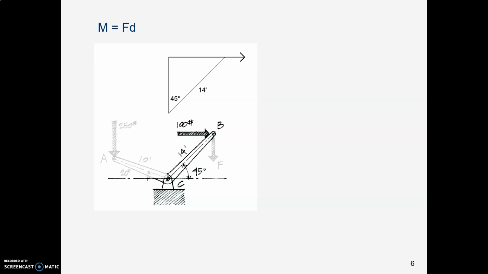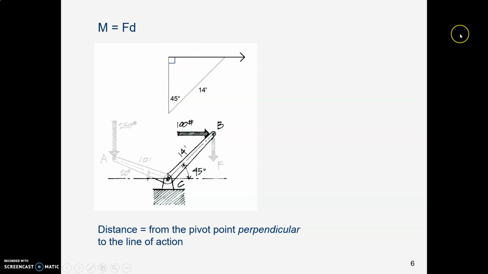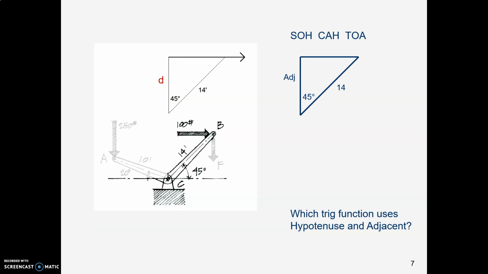So moment equals force times distance from the pivot point perpendicular to the line of action. There's perpendicular to the line of action. So that means our distance is going to be along this vertical edge adjacent to the 45-degree angle. And so which of our trig functions uses adjacent and hypotenuse?